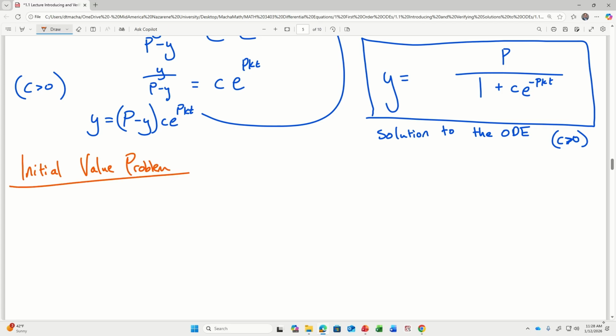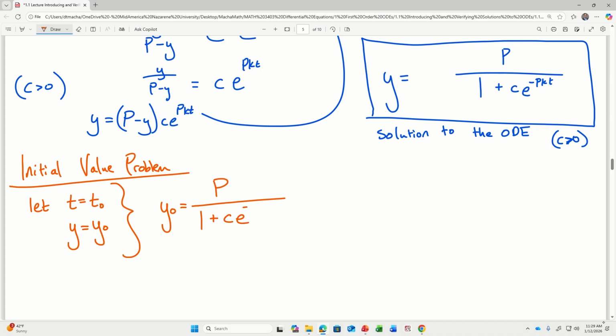The initial value problem says, let t equal the initial time, and let y, the number of infected, equal the initial number of infected. And then we get that y0 is equal to p divided by 1 plus c e to the negative pkt0. And we solve for c.